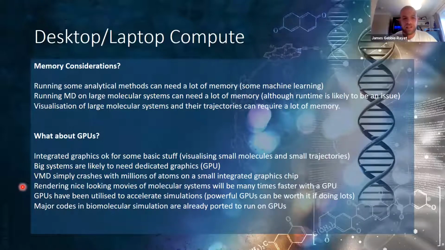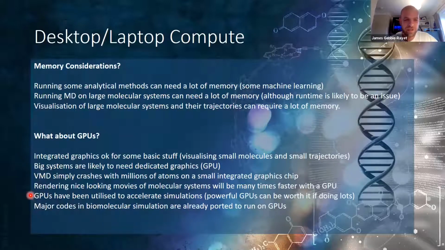If you want to do things like ray tracing to make nice shiny images for publication or publishing on websites, you can do it with CPU, but the rendering will take forever. Having dedicated GPU hardware can really help you to produce these things in a timely fashion.